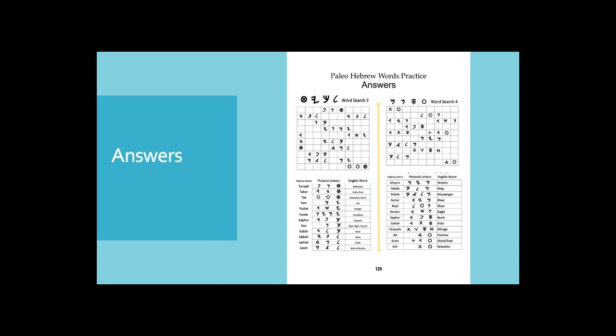I hope you were able to find all those words. If you find that you did not find one of those words, then go back down to your chart and see if you had the Ivrit spelling of it correct. And I hope as you do these word searches that you actually repeat the names of the letters to yourself. That will help give you practice and help your memory.